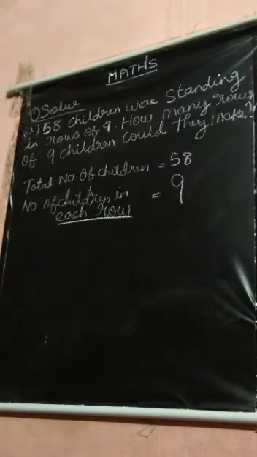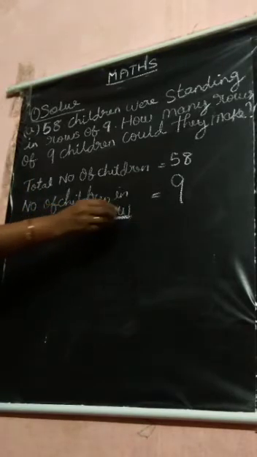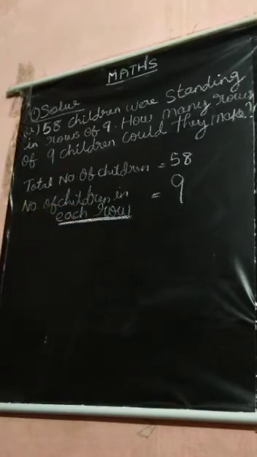9 children. Total number of children, 58. Each row, how many children are there? 9 children are there. The total number is given, so what should you do? The total number is given, and the keyword is "each".